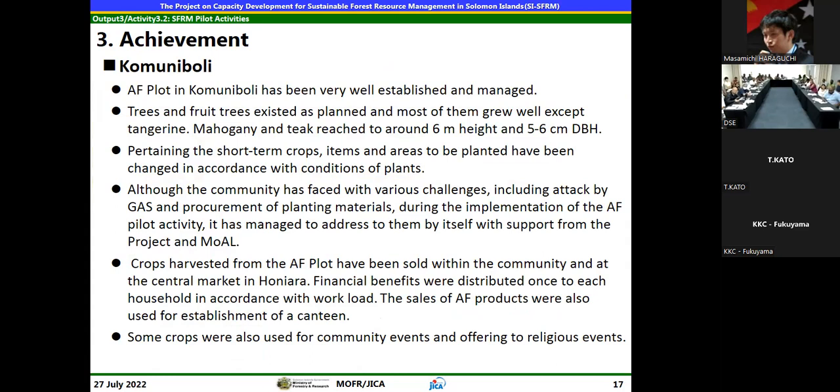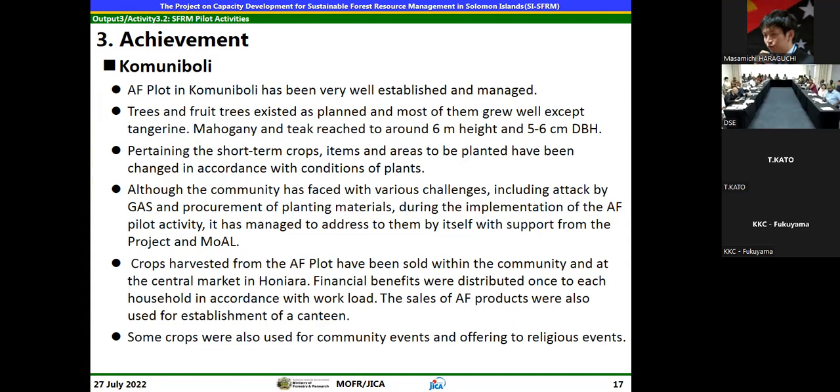They have planted what trees they want to plant, and because it's the people's land, they know what plants they selected, and it grew very well, except for the tangerine. And as you can see, the mahogany and teak have grown very fast, to a height of 6 meters and DBH of 5 to 6 centimeters.